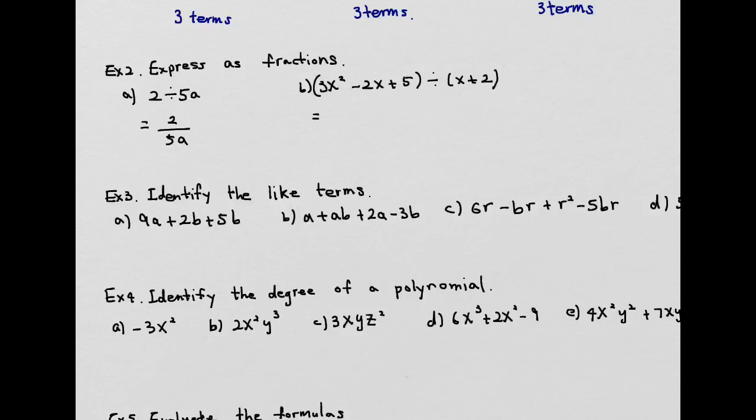Then the second one, 3x squared minus 2x plus 5 divided by x plus 2, we can rewrite this in fraction form. The first part of the division will be on the numerator, and x plus 2 on the denominator.